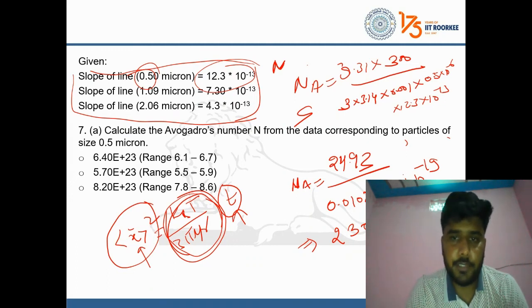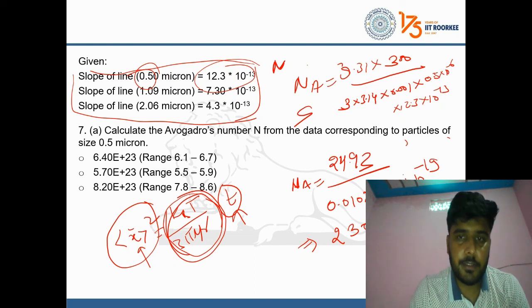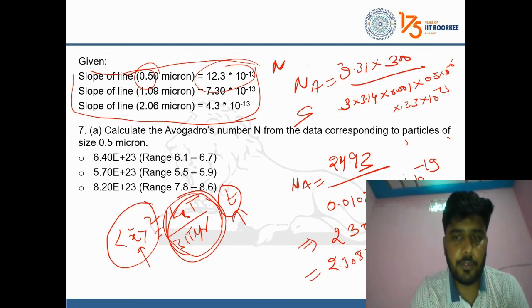Just to verify the calculations: 8.31 times 300, divided by 3 times 3.14 times 0.001 times 0.5 times 2.3. That gives 2.30833 times 10 raised to minus 23.